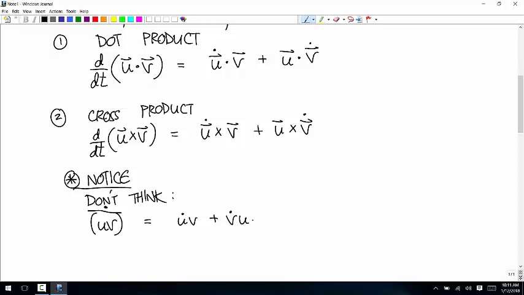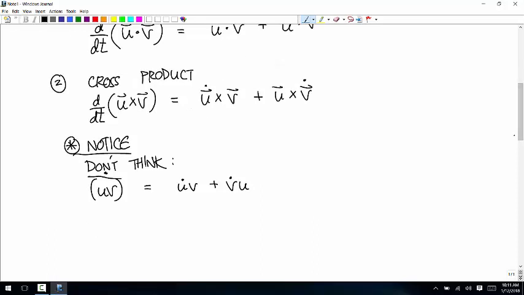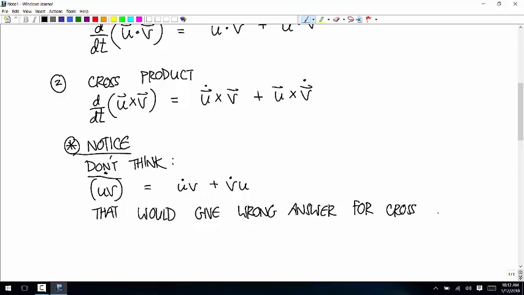That's true for scalars and true for dot products because order doesn't matter. But that would give you the wrong thing for cross product. So keep the order the same, and then you'll be fine in all of those.